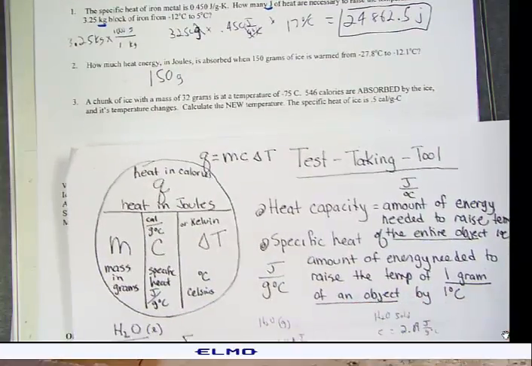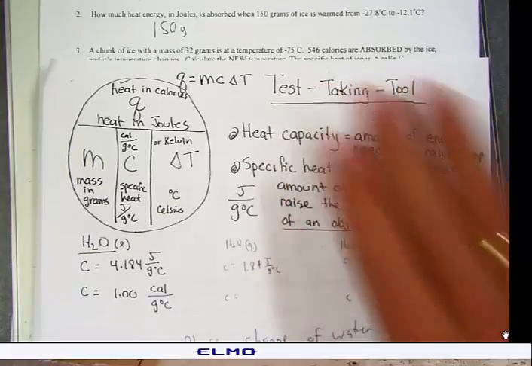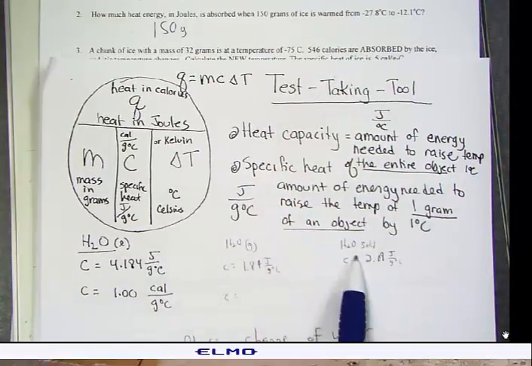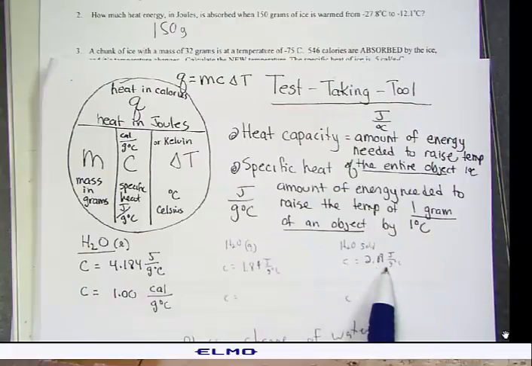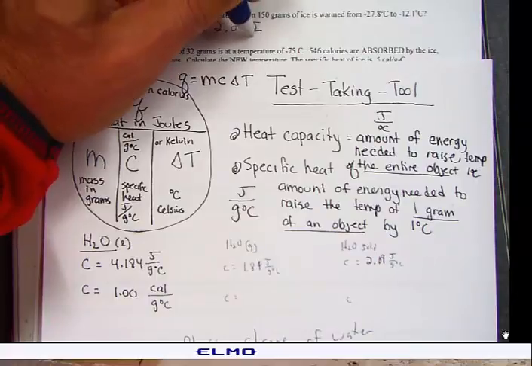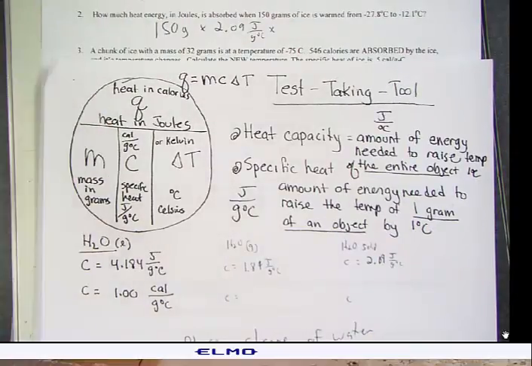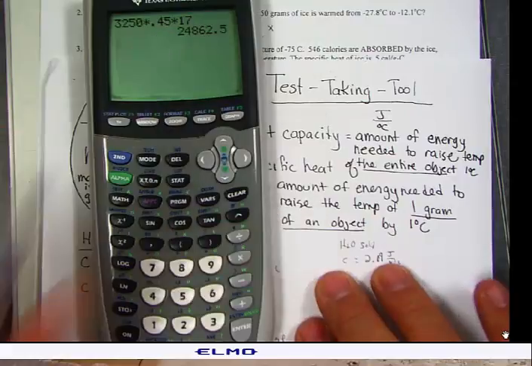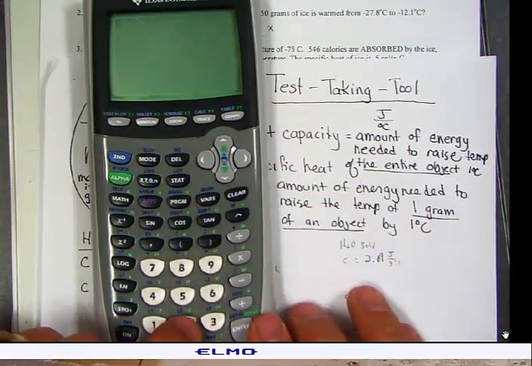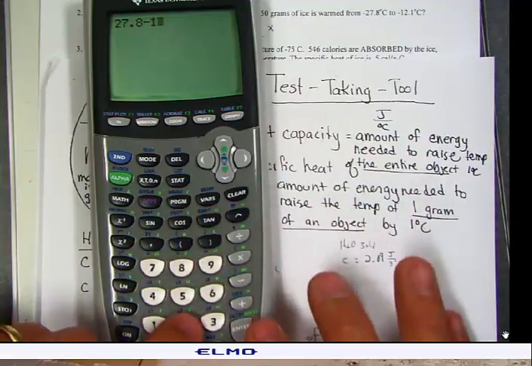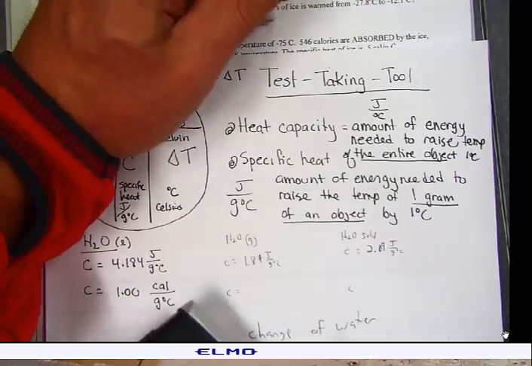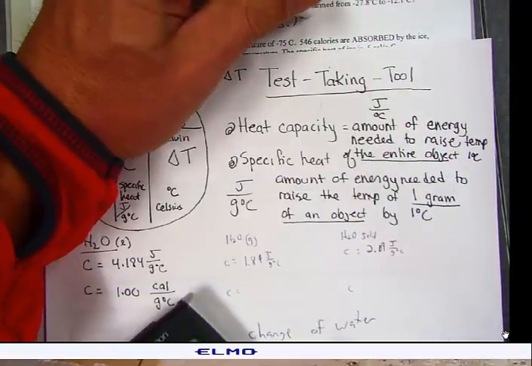The specific heat of ice, there's water, liquid, gas, solid, 2.09 joules per gram degree Celsius. Times the change in temp. The difference between -27.8 and 12.1 is a difference of 39.9 degrees Celsius.